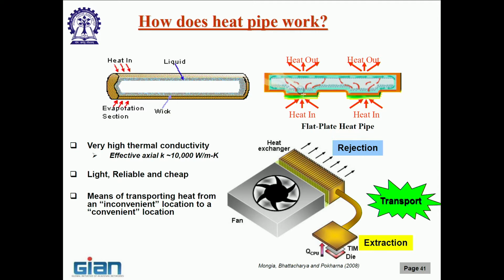If you have multiple heat sources, the water vaporizes, goes over to where you put a heat sink or the heat is lost, it condenses and again comes back by the wicking action. These are called vapor chambers, 2D heat pipes, extensively being researched and also used in some tablets and cell phones.